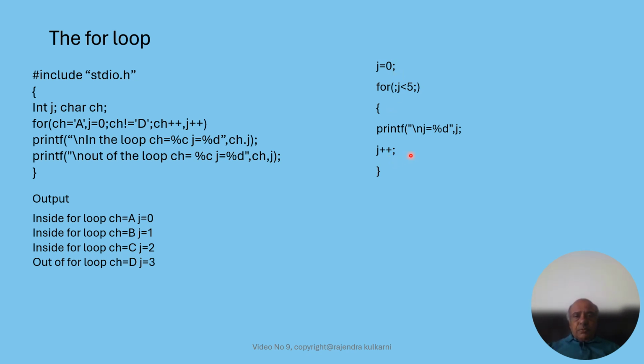Within the loop we are incrementing j. So initialization we have done earlier, incrementation we are doing within the loop. Until j is less than 5 is true, the loop executes all the statements between the opening and closing braces of the for loop. Output is j is equal to 0, 1, 2, 3 and 4.